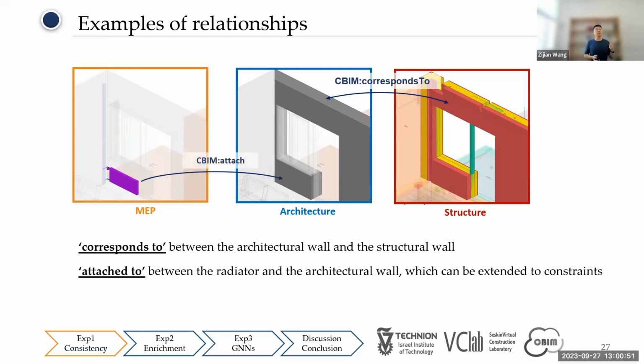Additionally, there is an MEP radiator and the architecture wall. We put the MEP radiator C-BIM attached-to architecture wall. This is actually a design intent, because we are putting the radiator on purpose to attach to the wall. And those design intents can be further extended to constraints. We may hope the radiator to be moved with the wall together if the architect decides to relocate the wall.